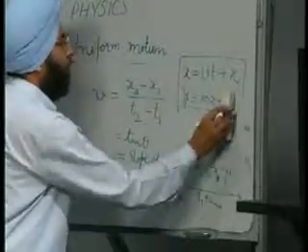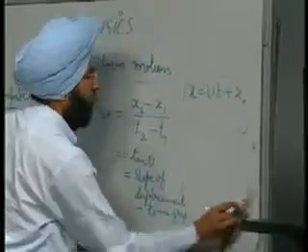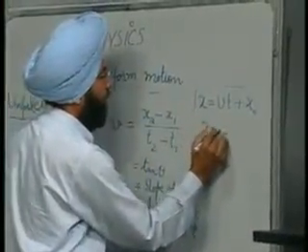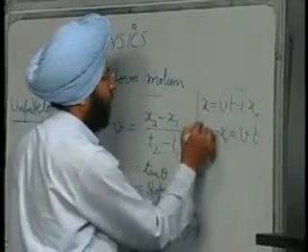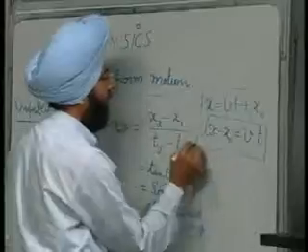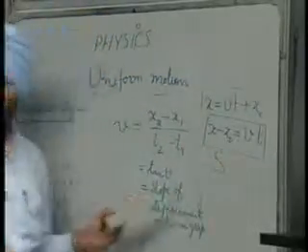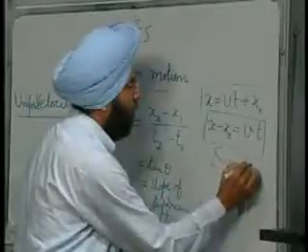Now, we come back to this equation. We rewrite it: x minus x naught is equal to v t. X minus x naught is equal to the distance travelled, distance covered. This is equal to v t.